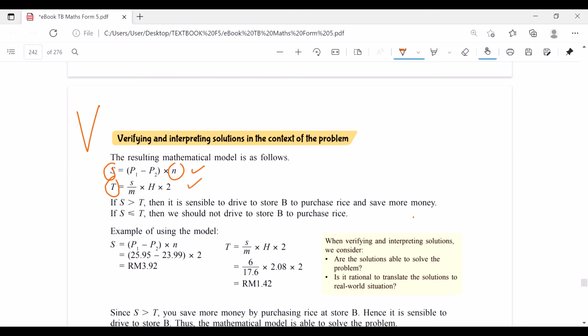So this one we also calculated just now. So S is the difference of price, and T is the difference of petrol.